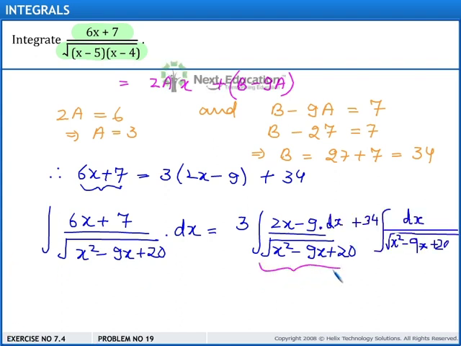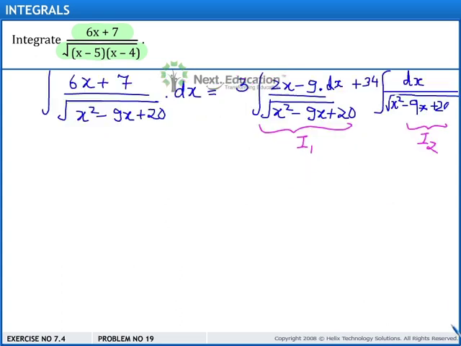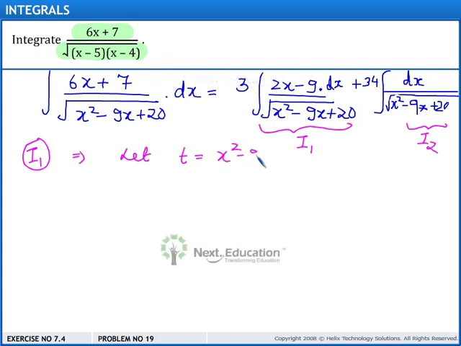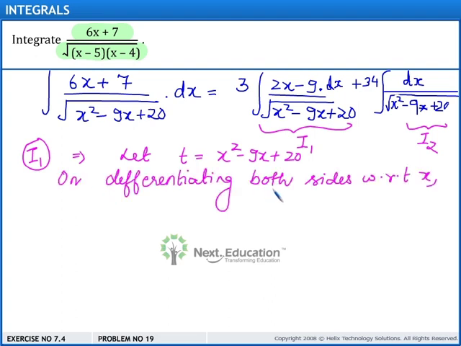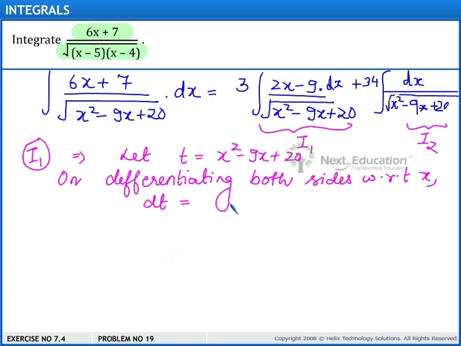Now let us suppose the first integral as I1 and the second as I2. Beginning with I1, let us suppose that t is equal to x² − 9x + 20. On differentiating both sides with respect to x, we get dt is equal to (2x − 9) dx.